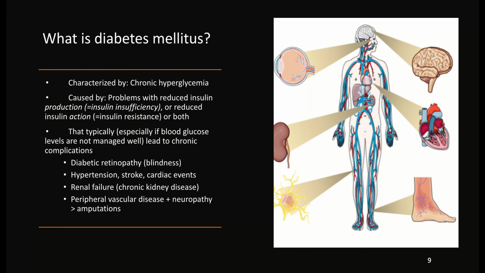Again, what is diabetes mellitus? It is characterized by chronic hyperglycemia. It is caused by problems with reduced insulin production or reduced insulin action or both.